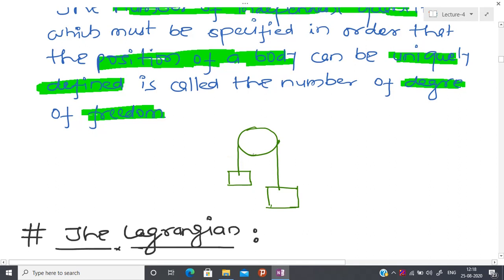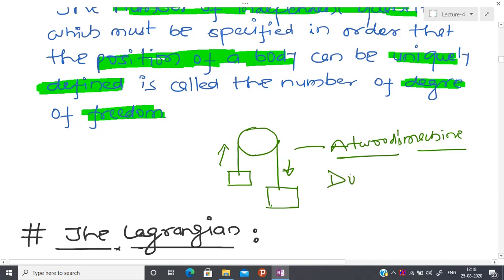This particular machine has a special name, the Atwood machine. Here, if this block moves, then the other block will move in the opposite direction, so the degree of freedom is just 1. In order to specify the position of this block, I just need one independent quantity.